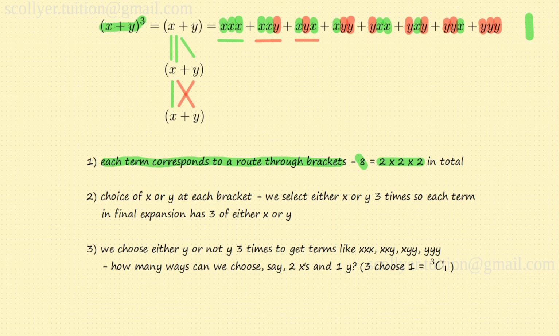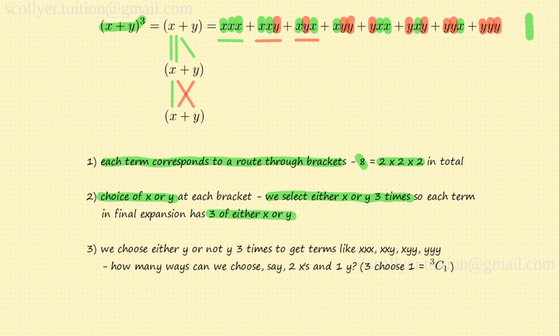The second point is, at each bracket we have a choice of either x or y, and since we have 3 brackets, we select either x or y 3 times, which means that each term in the final expansion has 3 of either x or y, no more and no less.